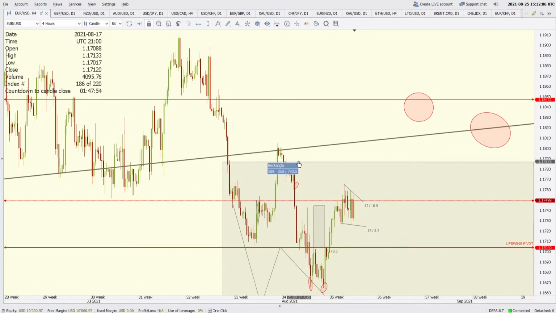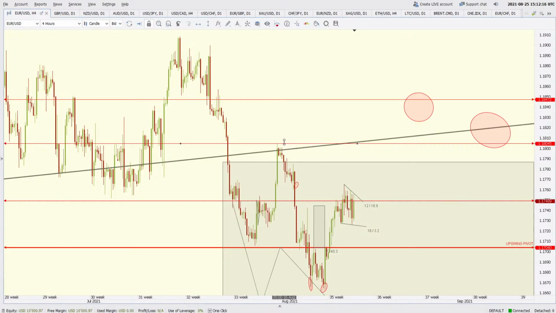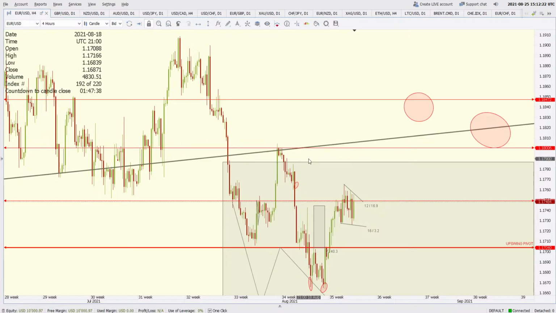But if we see this high to be tested before the price meets this rising line, then this 1.1804 level, or to be more generic, if we cover all these three highs, then around 1.1800 is going to be the next resistance, which is almost 50 points away from where the price is trading right now.